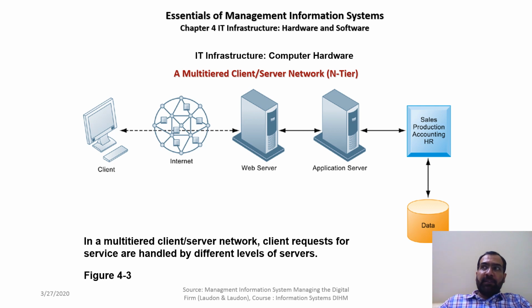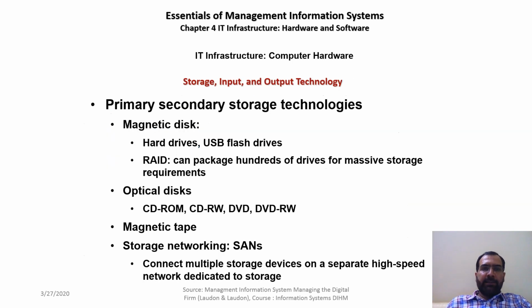So there is a web server connected to the internet, and the client accesses that web server. From the web server, we have various applications running on the application server, such as sales, production, accounting, etc. And for all those applications, the data is at the data server. So now you have observed an example of a multi-tiered architecture.